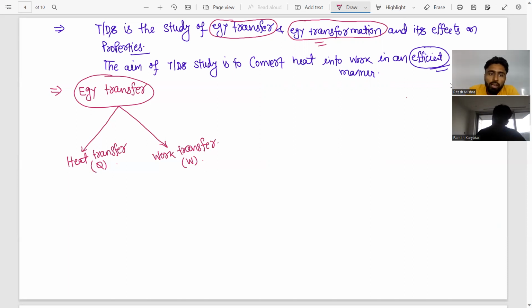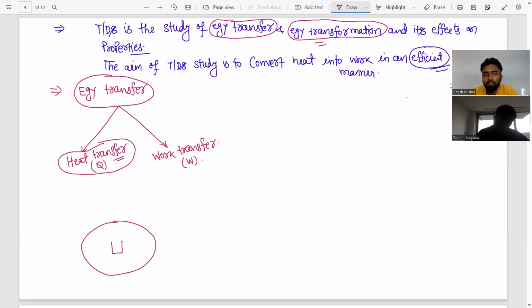Now, what is heat transfer? Let us assume this is your room, and a cup of tea is placed in the middle of the room.